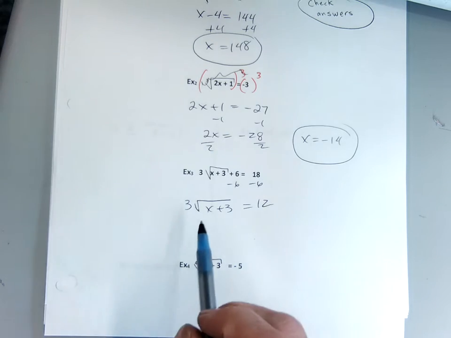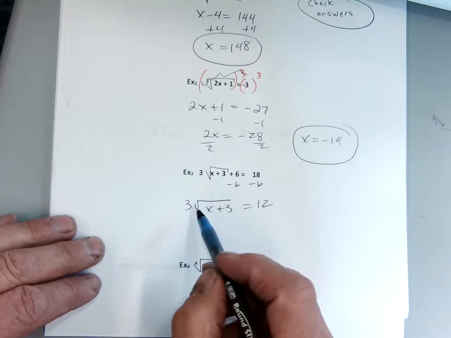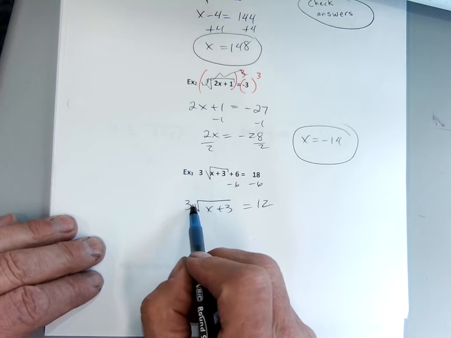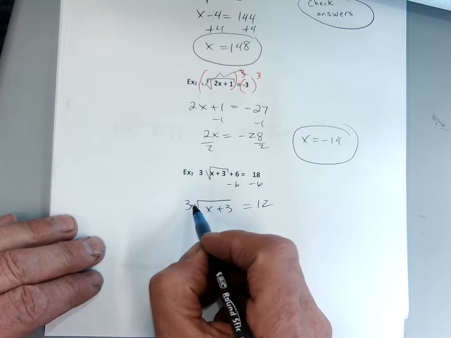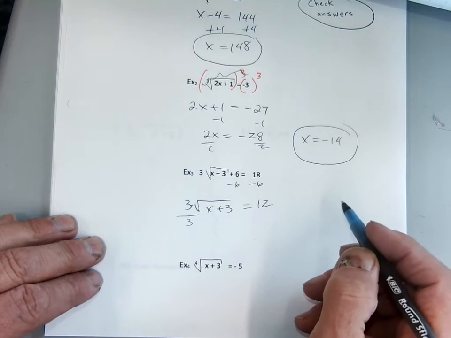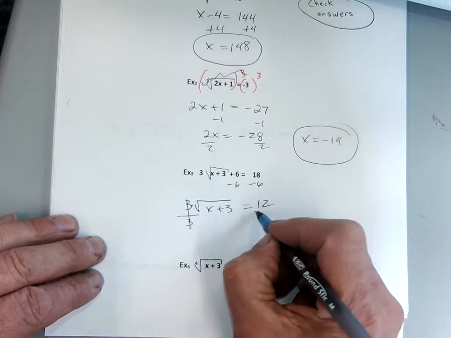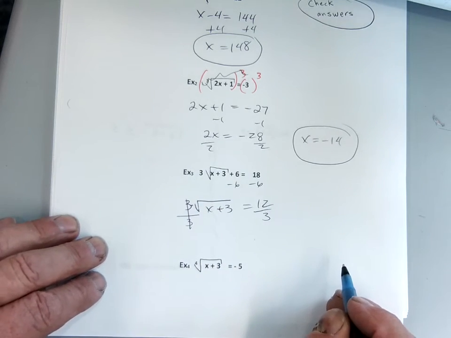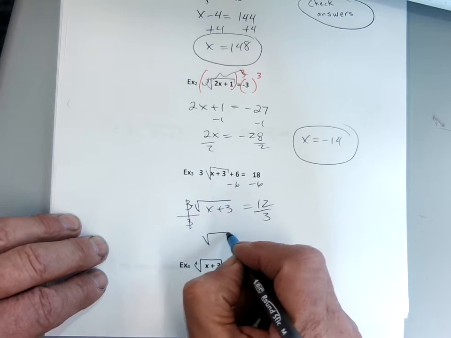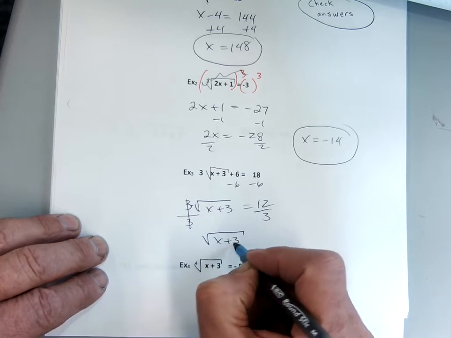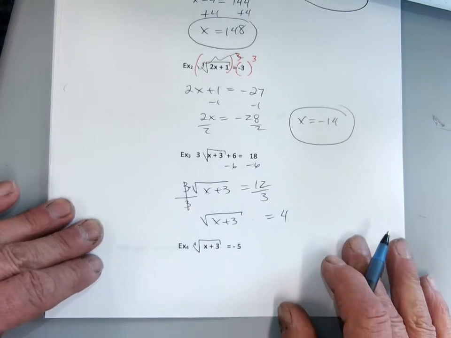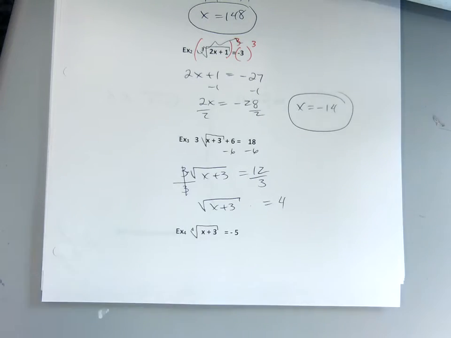So I'll get rid of the 3. There's an invisible multiplication right here. So I do the opposite of that and I divide by 3. I'll have the square root of x plus 3 equals 4, right? Now, to get rid of the square root, what do we do?